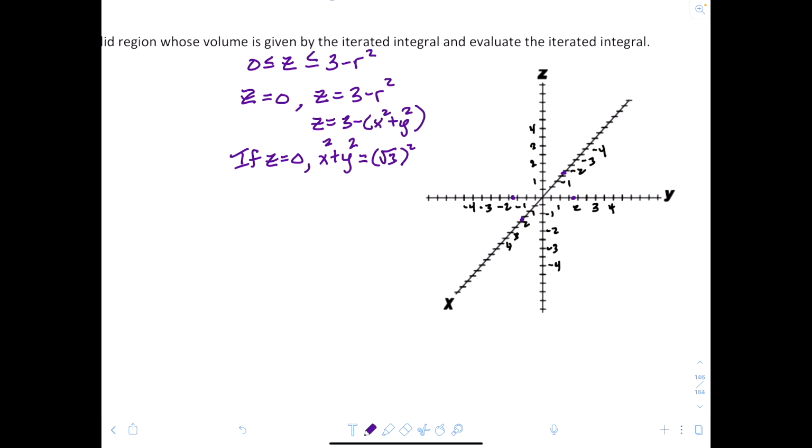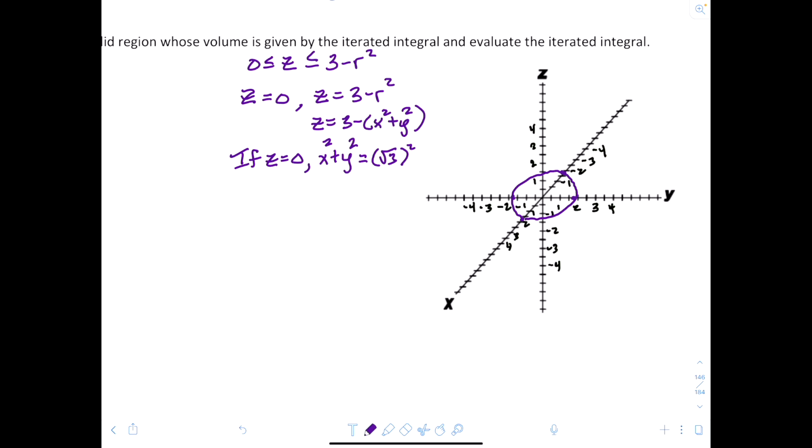And so this would be our circle. It's too shaky. All right, something like that.